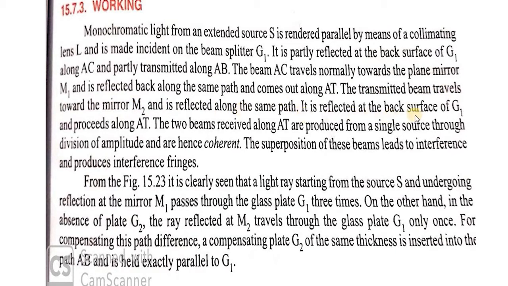It is reflected at the back surface of G1 and proceeds along AT. The two beams received along AT are produced from a single source through division of amplitude and are hence coherent.